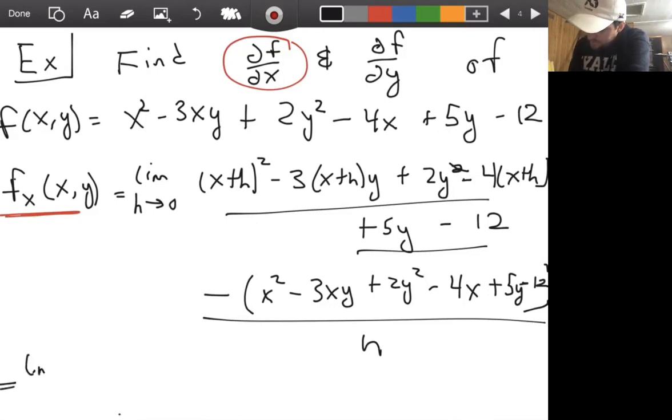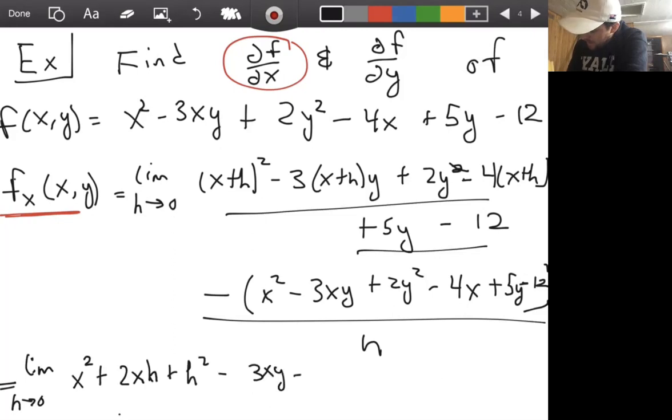The limit as h goes to 0, and then I have x squared plus 2xh plus h squared minus 3xy minus 3yh, because you have to distribute the 3 and you have to distribute the y. And then it looks like we're going to get plus 2y squared minus 4x minus 4h.